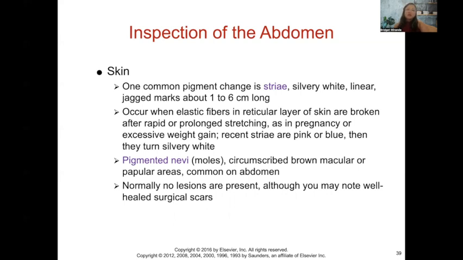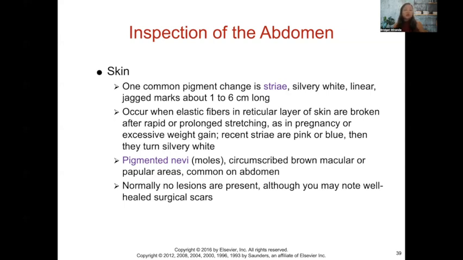They are probably about 1 to 6 centimeters long, and this can occur due to the elasticity of your reticular layer of the skin. So sometimes it occurs on some people and not others. You can't really determine who will have striae or not. Sometimes it's only during pregnancy, but also during periods of rapid weight gain or loss.